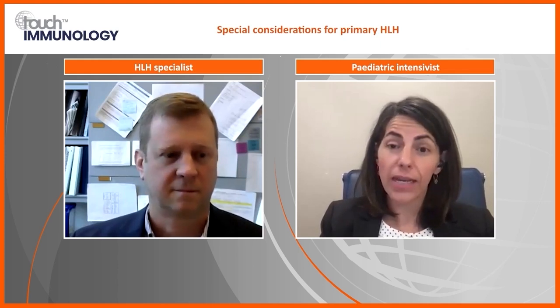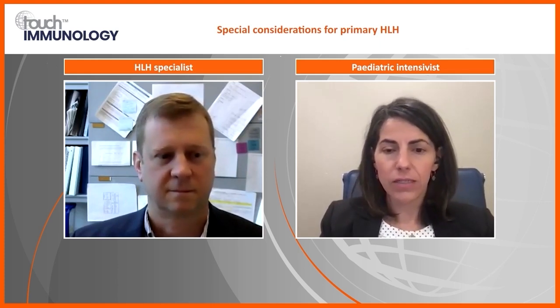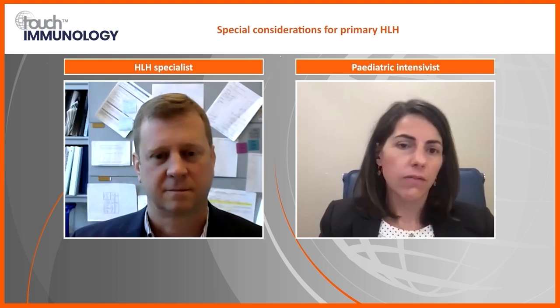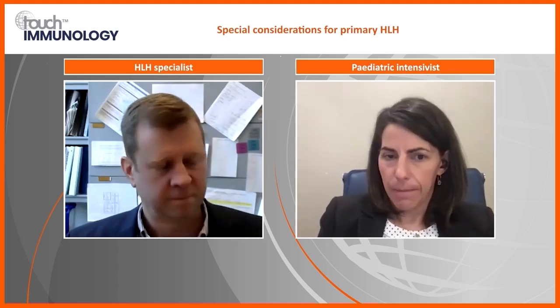I think what's interesting about cases like these is that there's a lot of care that happens before that definitive diagnosis is established, and what you do while you're waiting to arrive at the definitive diagnosis. But hopefully you've achieved some stability at this point and get some disease control with the initiation of HLH-94.